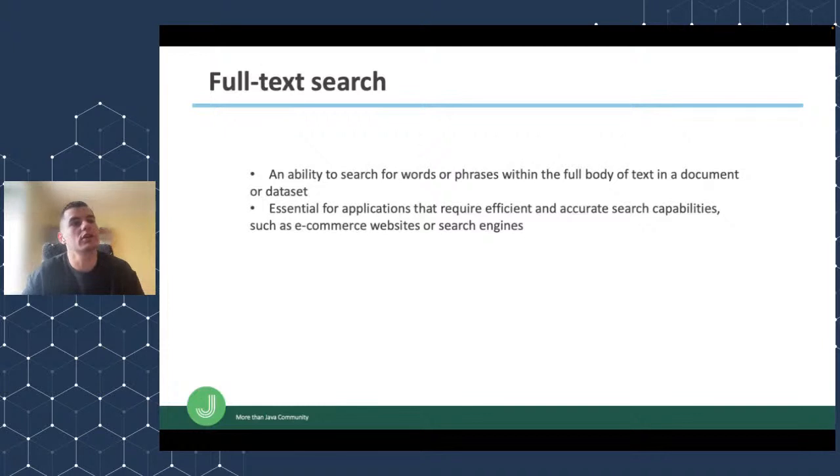For example, Google search is also built on top of full text search to find especially those requests or websites that we would like to see when we write some comments and click on the search button.